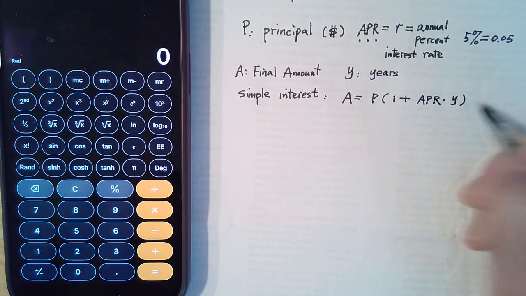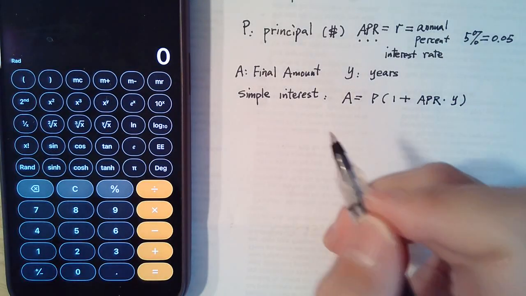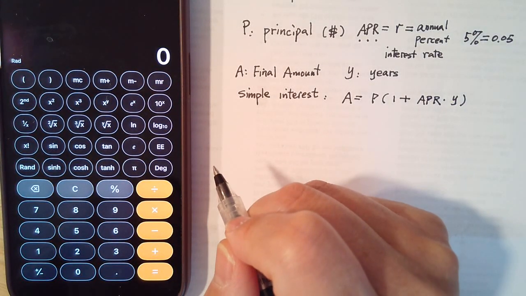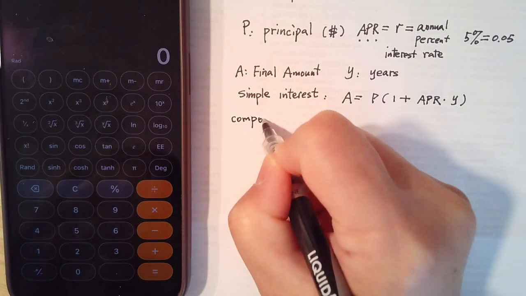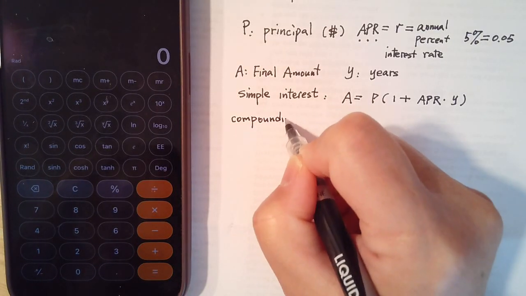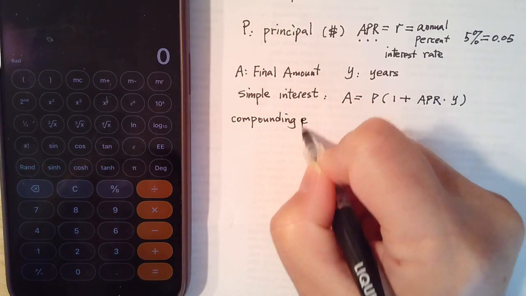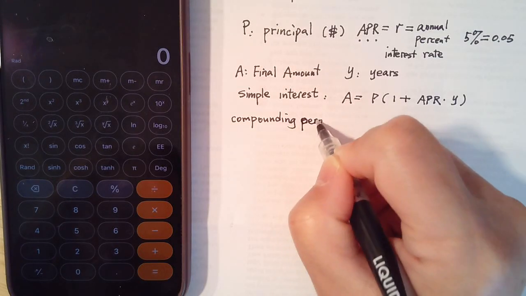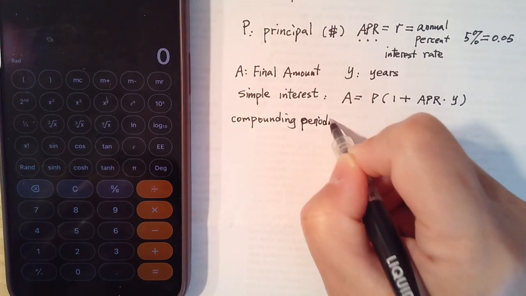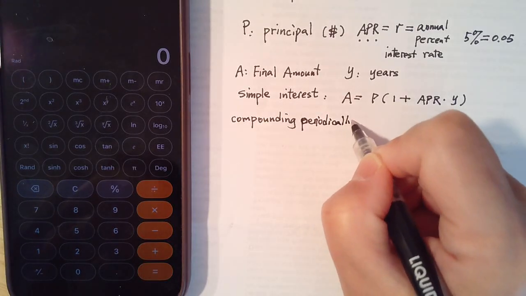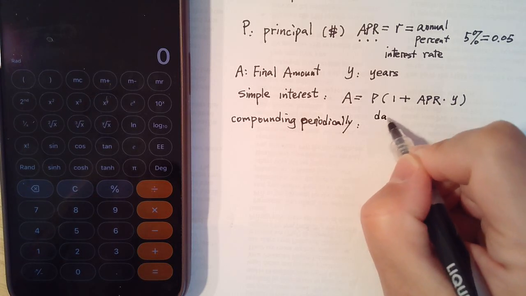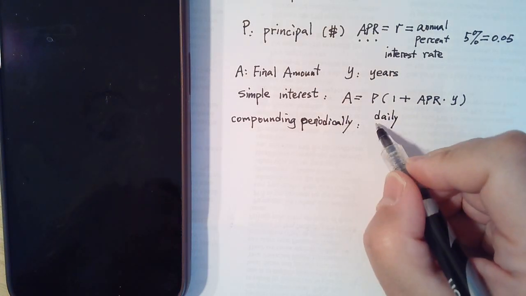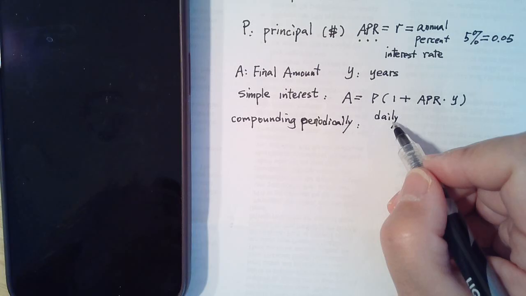Okay, and the second one is called compounding periodically. So if it's compounding daily, which means the bank will calculate the interest at the end of a day and then find out how much interest you earned in that day.